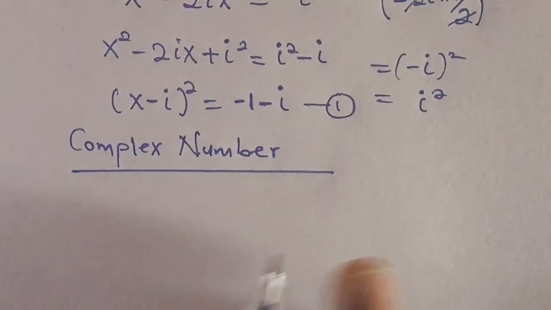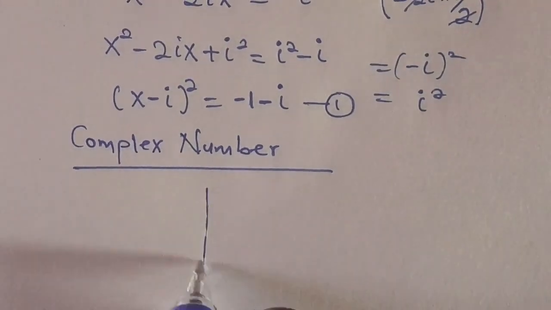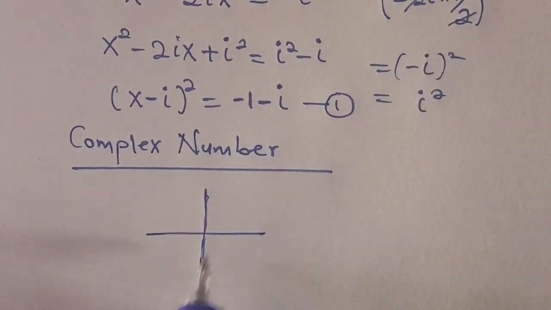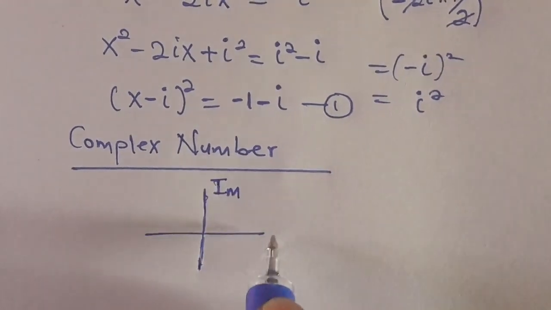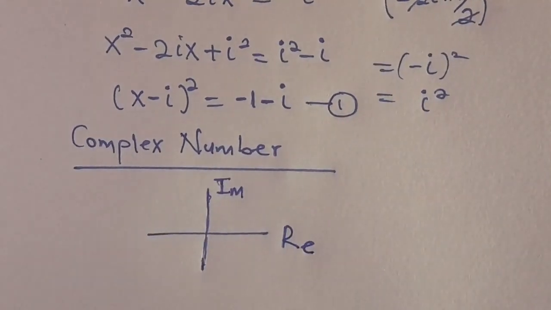From complex numbers, let's assume we have a complex plane, with this one as the imaginary axis and this one as the real part.